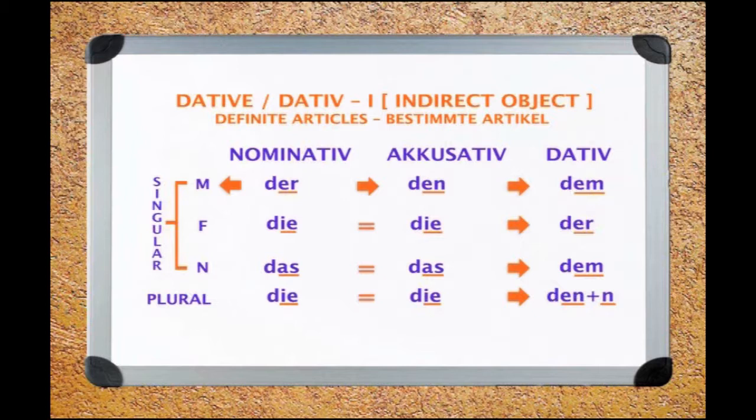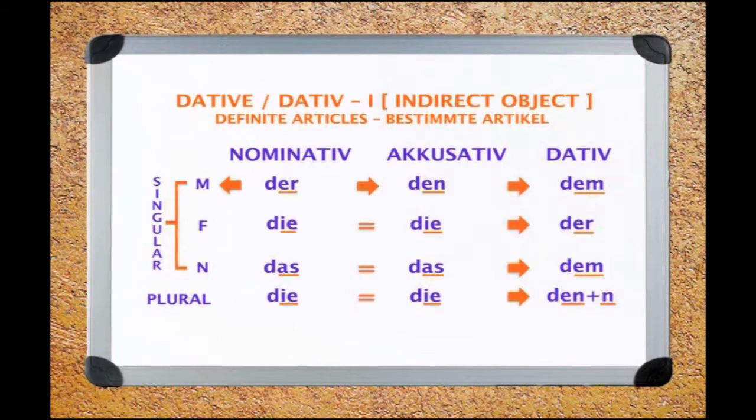So, as you can see, which I have marked, the change is happening for all the articles in the definite article concept. If you see the ending, er becomes em in the case of masculine gender, ie in accusative becomes er, das becomes dem, and die becomes den.